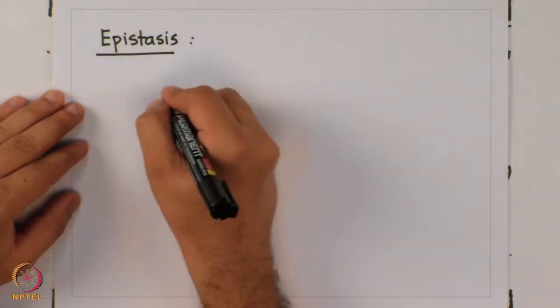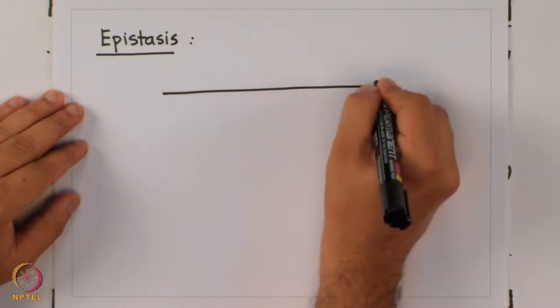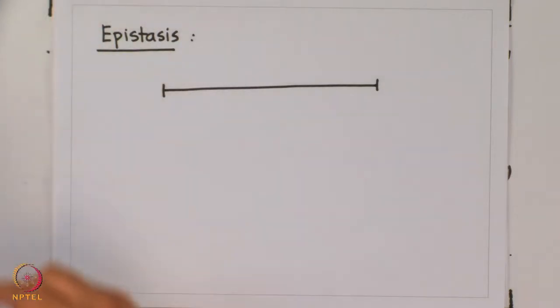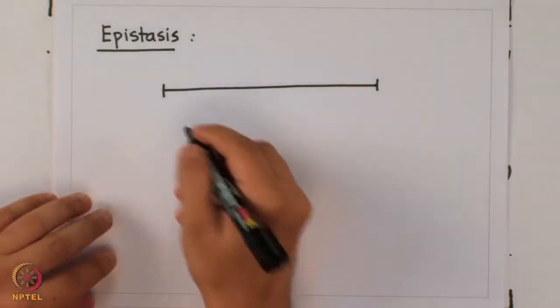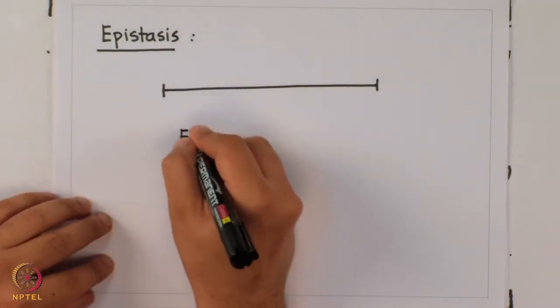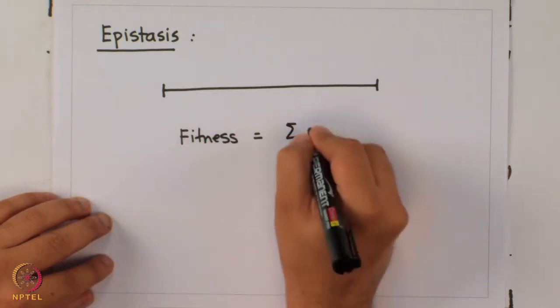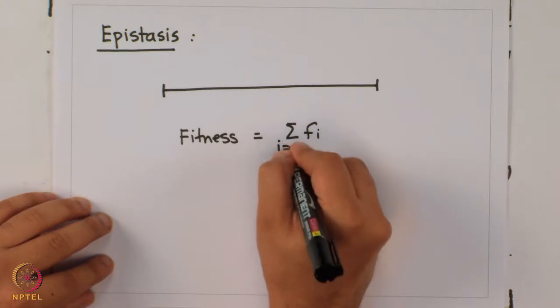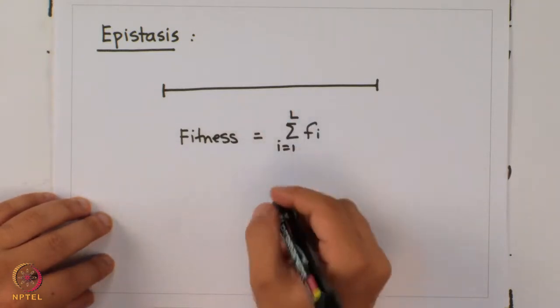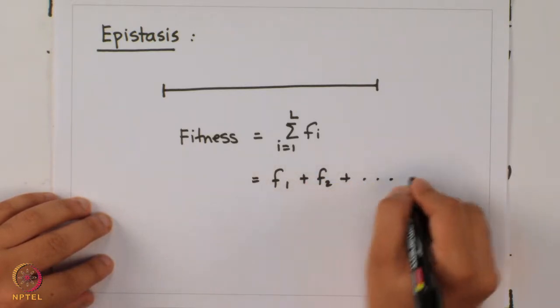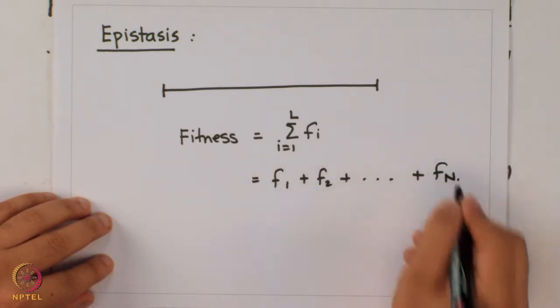Very often when you are experimentally trying to determine DNA or protein fitness landscapes, you will notice that, so the NK model will say that fitness for a particular sequence is the sum of Fi, i going from 1 to N, and this will play out to F1 plus F2 going all the way up to Fn.